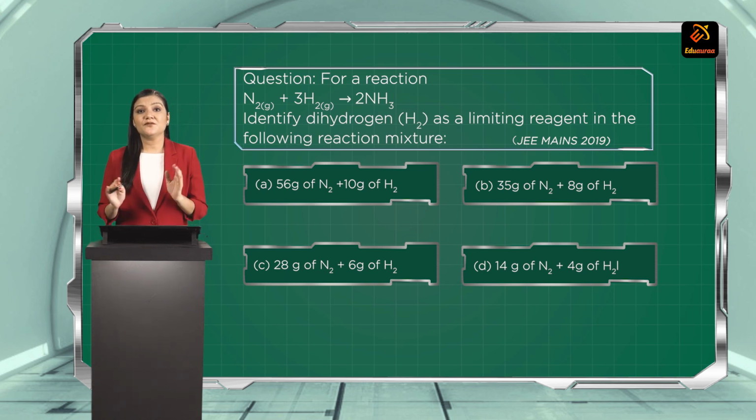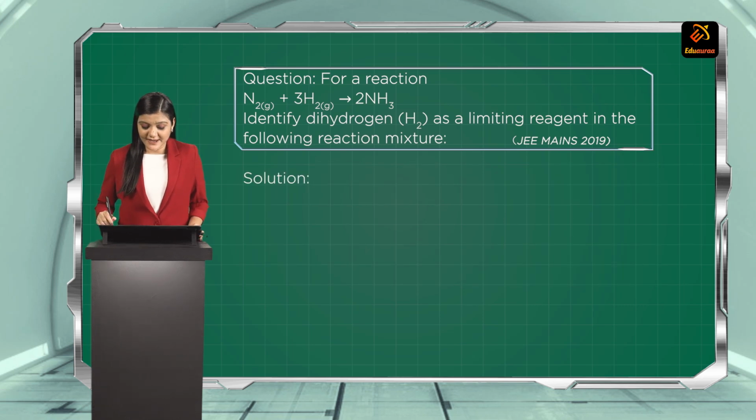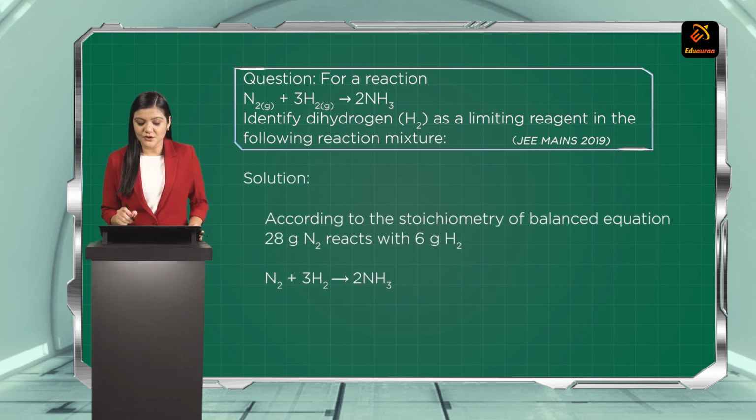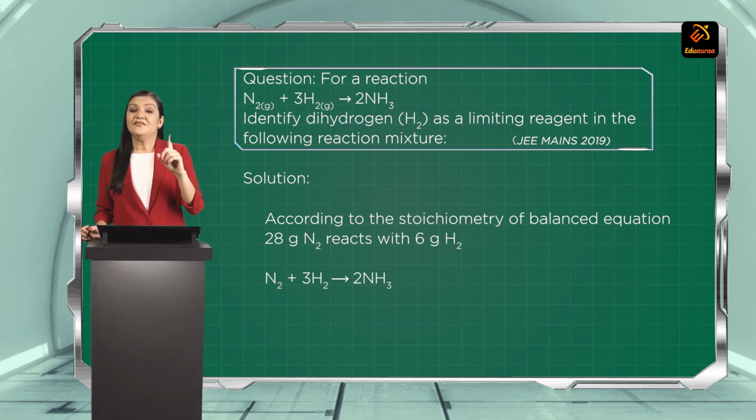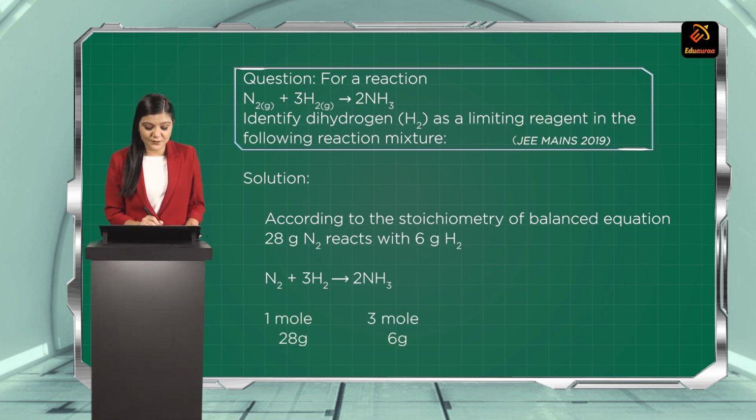Now over here we have to identify the limiting reagent for the given condition. If I calculate, then according to the stoichiometry of the balanced chemical equation, we can see that 1 mole of N2 reacts with 3 moles of H2 and forms 2 moles of ammonia. 1 mole of N2 is equal to 28 grams. 3 moles of hydrogen means 6 gram.